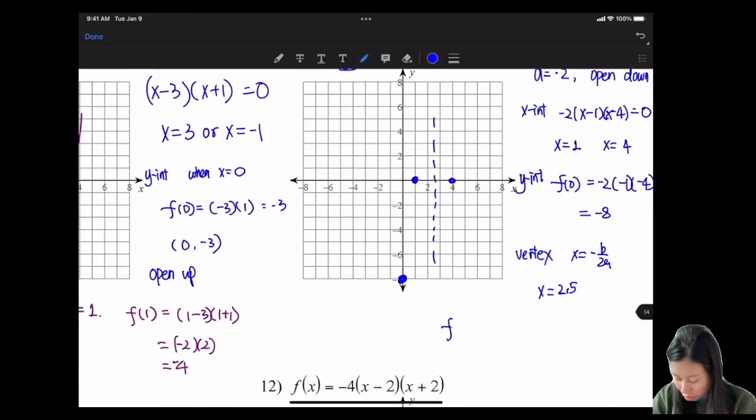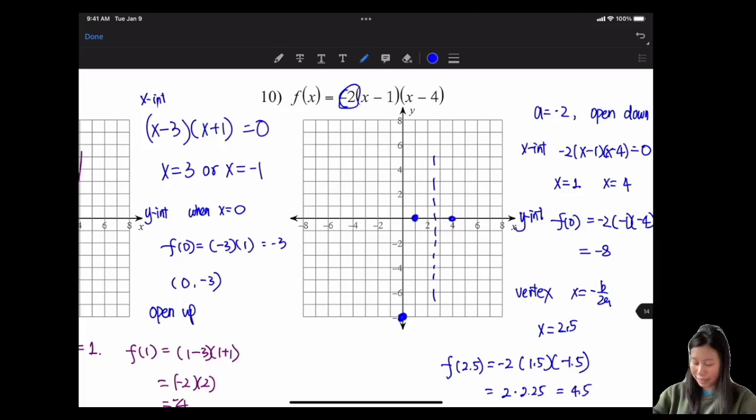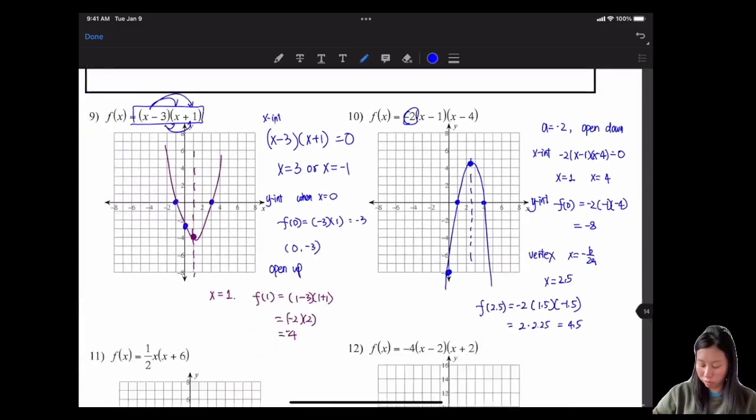So f of 2.5 equals -2 times (2.5 minus 1), which is 1.5, and then 2.5 minus 4 is -1.5. So I have a positive 2 times 2.25, which is 4.5. So I have (2.5, 4.5), which is here. This is our vertex. So that would be the graph.